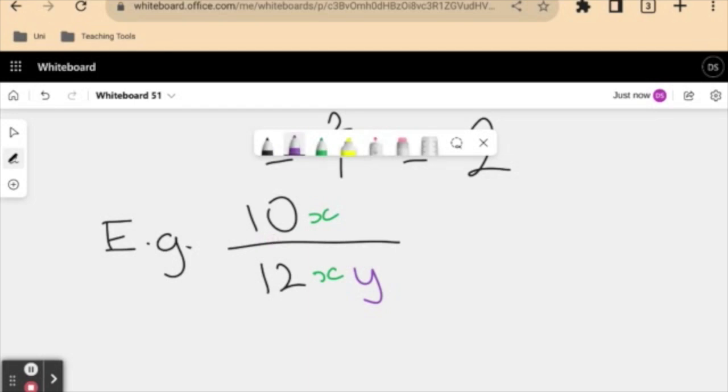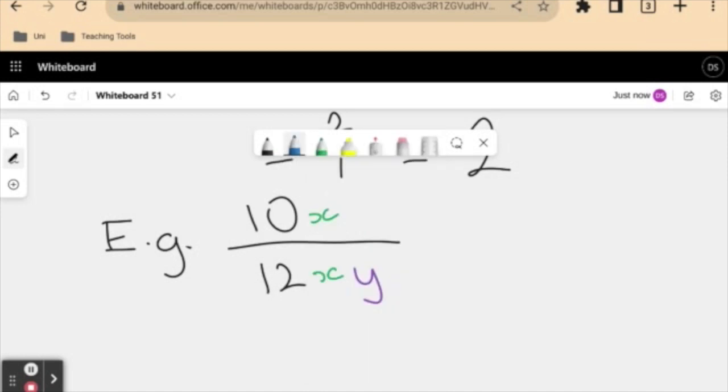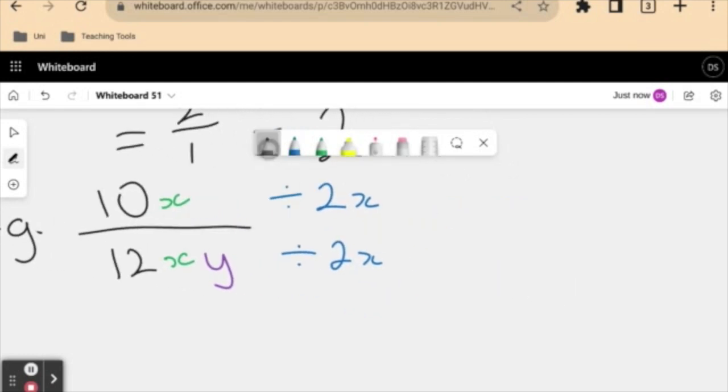So we can say that, let me use a different color, we can say that 2x, 2 lots of x is a common factor here. And let me show you why.